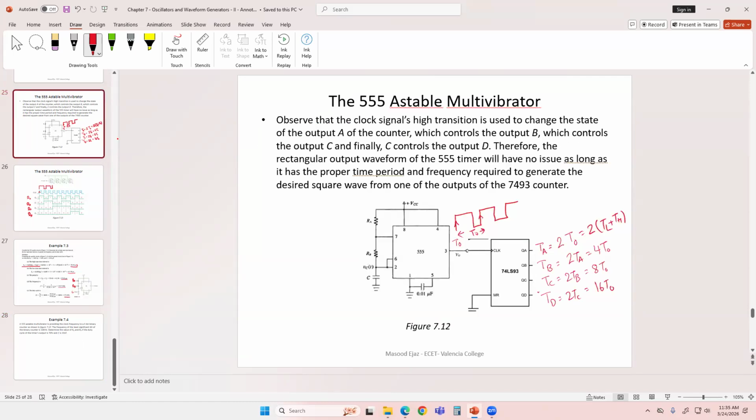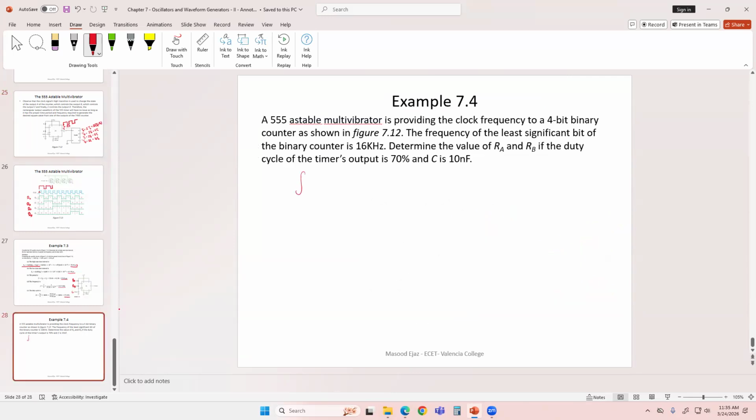So the least significant bit is QA, and its frequency FA is 16 kilohertz. We have to find the value of RA, RB if the duty cycle is 70%, or 0.7, and the capacitor is 10 nanofarad.